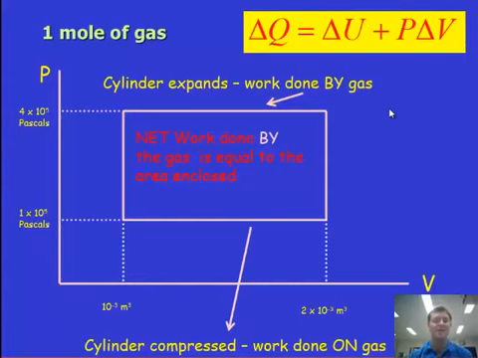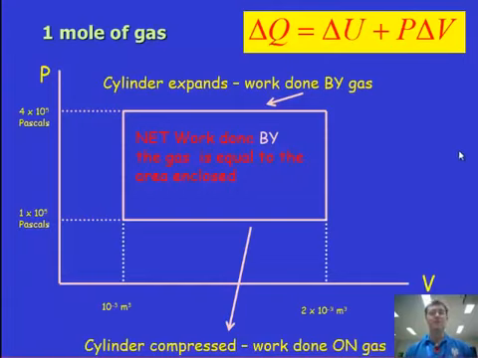So the net work done is the work done by the gas in total minus the work done on the gas. And that net work done tells us exactly how much energy has been transferred by this process. Okay, so this is my simple example.